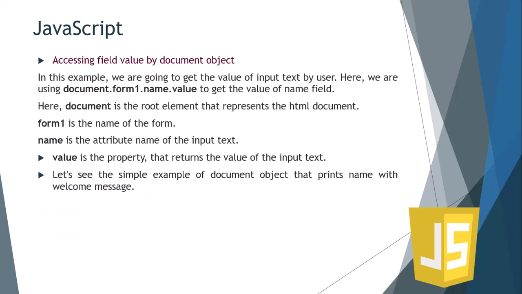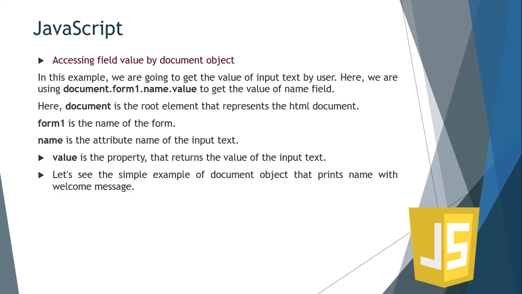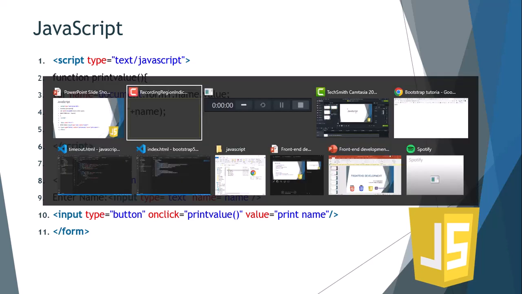The document represents the HTML document, while form1 represents the name of the form tag, and name is the attribute of the input text. So now, without wasting much time, let's dive into the text editor and run this code.